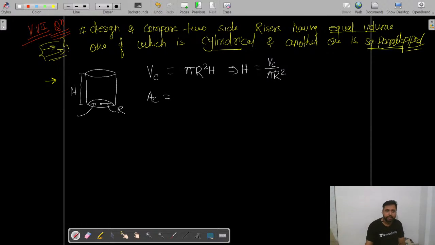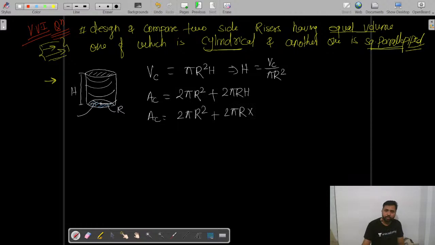Surface area of this riser: this area one plus this area another one will become 2 pi r square, plus this area will become 2 pi r h. Now we can make this Ac function independent of the height by replacing h by Vc upon pi r square.